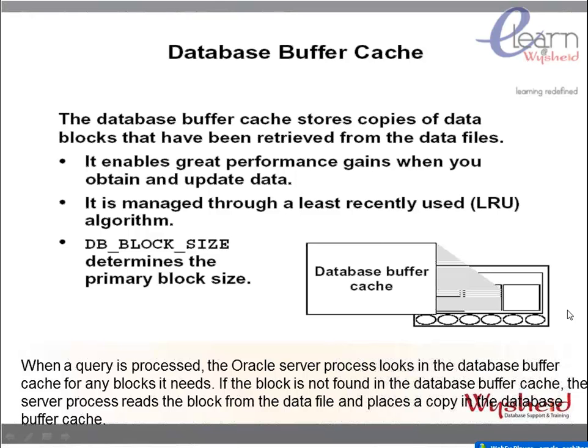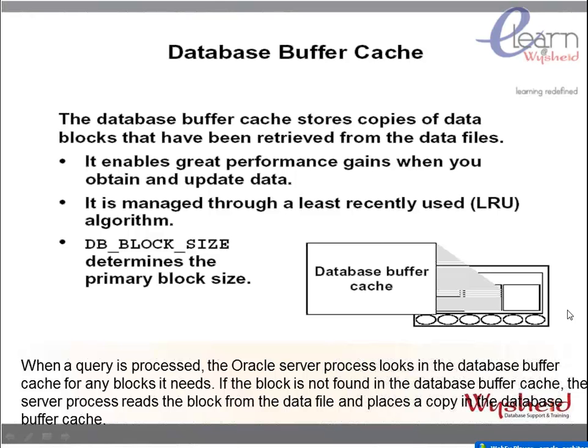But if you are going to create a table space which is not the standard block size of your database, say I have my standard block size as 8K, but I'm going to create a table space with 16 KB, then the data from that 16 KB table space cannot be taken into the main buffer cache, because the block size is different.